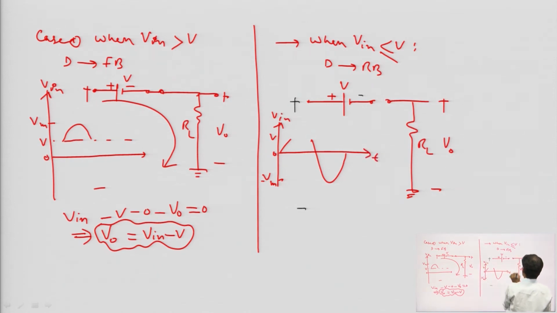Here, since the current is 0, the output voltage is also 0. Current is 0, this means output voltage is 0 into RL, which is equal to 0.